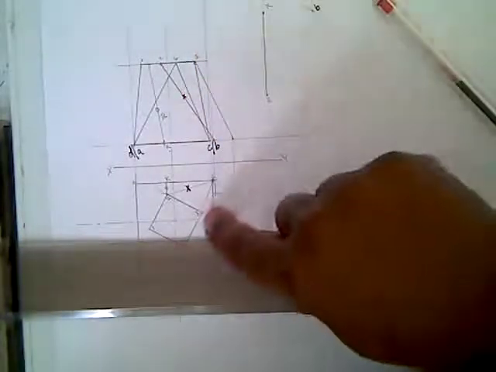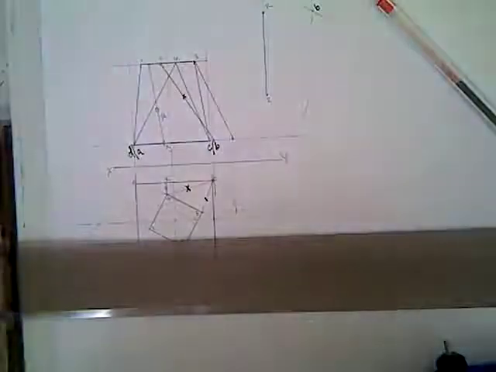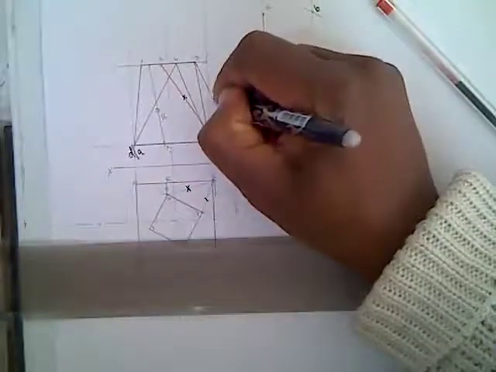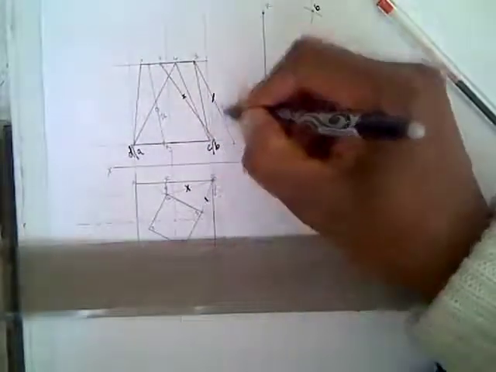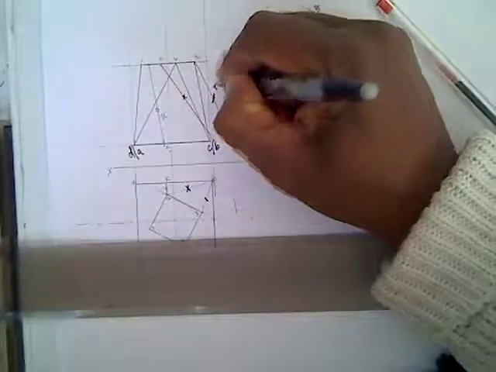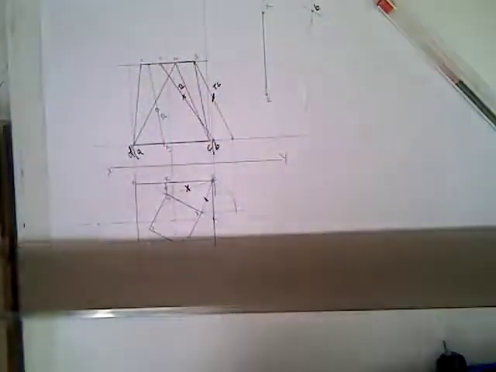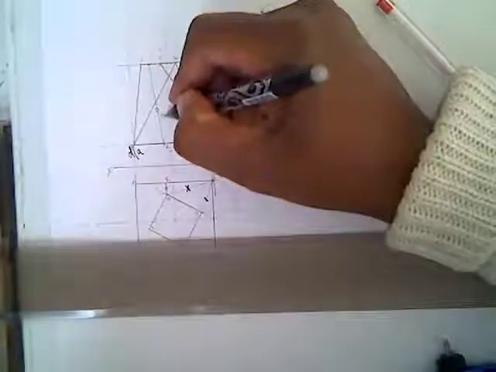But for us not to forget it, I will mark it as Roman figure 1, like this. So that you know this one, I'm referring to that line as the true length. Even this one is the true length. Those are true lengths. And this one is also indicated as the true length.